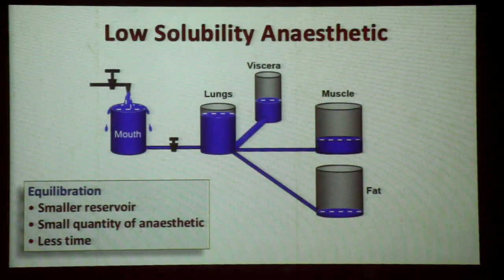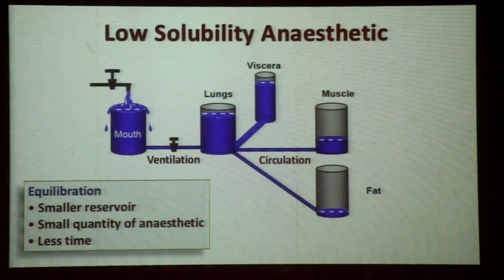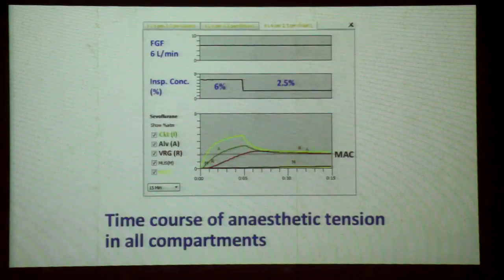But for a low solubility agent, the reservoir is much smaller because it is insoluble, so it doesn't diffuse into tissues like muscle and fat as much. So the reservoir becomes small, a small quantity of anesthetic is required, and in a lesser time you can achieve that equilibration. That is how it is achieved for nitrous oxide.